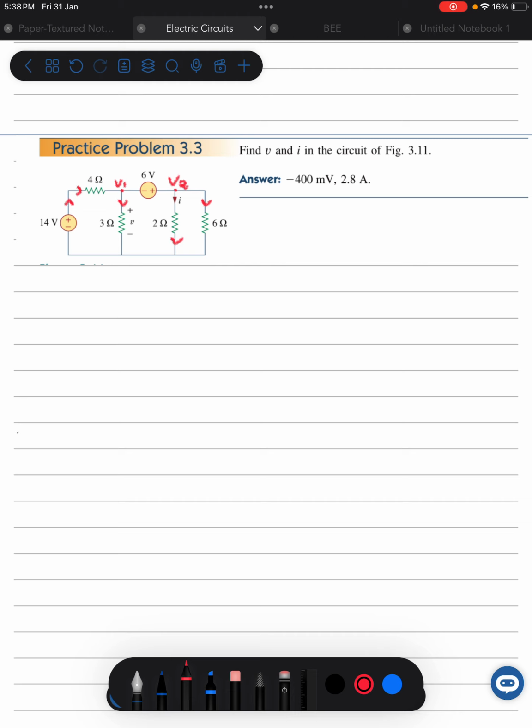So the first step is to write down the equation of supernode.